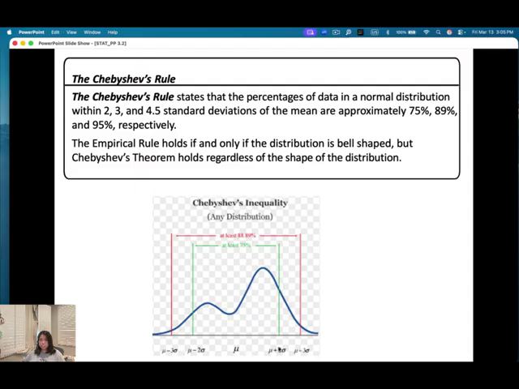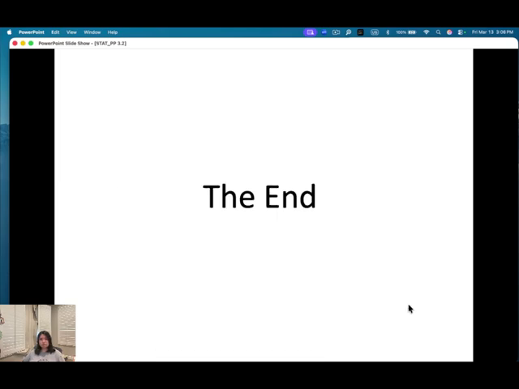And within 3 standard deviations, that will be at least 89% of the data. There's still the last one, 4.5 standard deviations, which will be about 95%, but I didn't show it in here. I want to let you guys know if you don't have the normal distribution, but you also want to find the approximate percentage, you may want to use Chebyshev's rule. That's it.